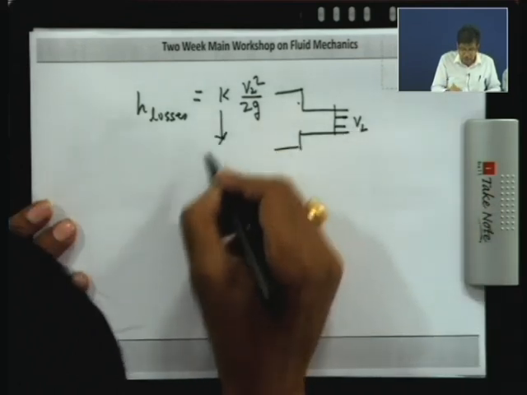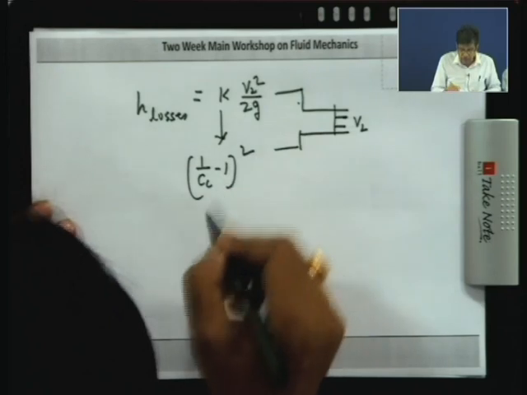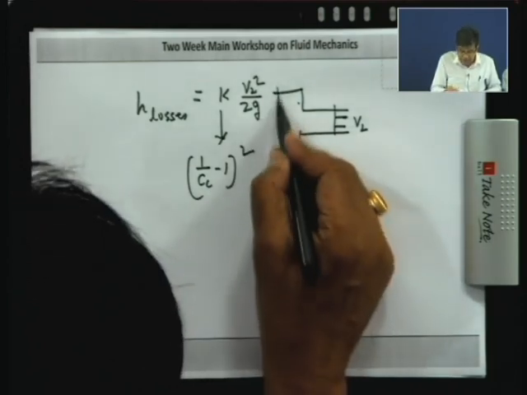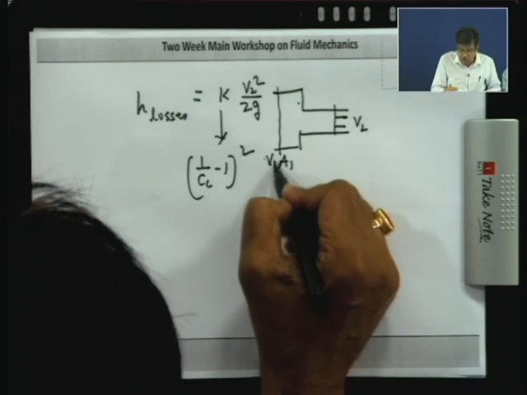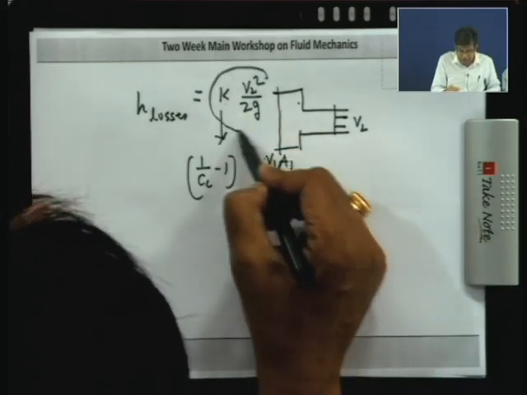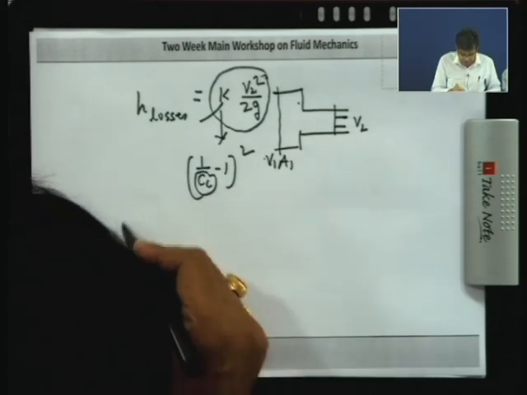This K is equal to (1 by Cc minus 1) whole square. Now, here one thing: this area A1 and the V1 is not reflected here, but it is implicitly reflected through this K.